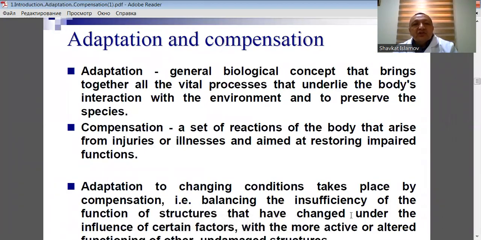Adaptation and compensation. Adaptation is a general biological concept that covers all the vital processes that regulate interaction with the environment. Compensation is a set of reactions of the body that arise from injuries or illnesses and aimed at restoring impaired function.